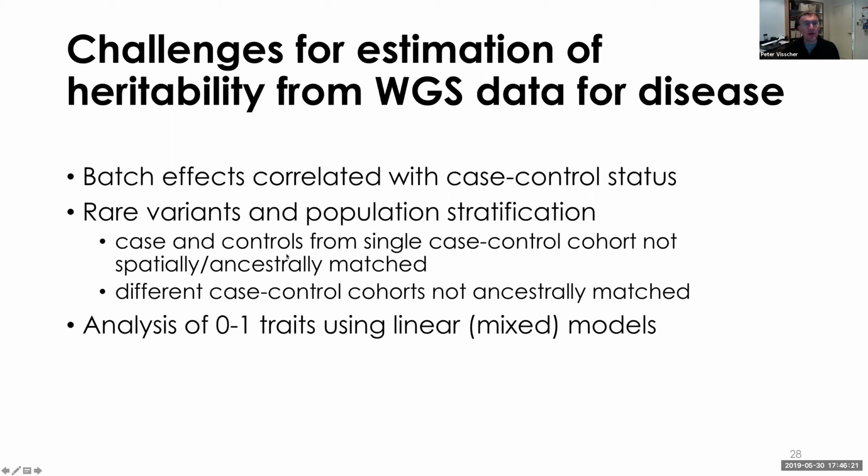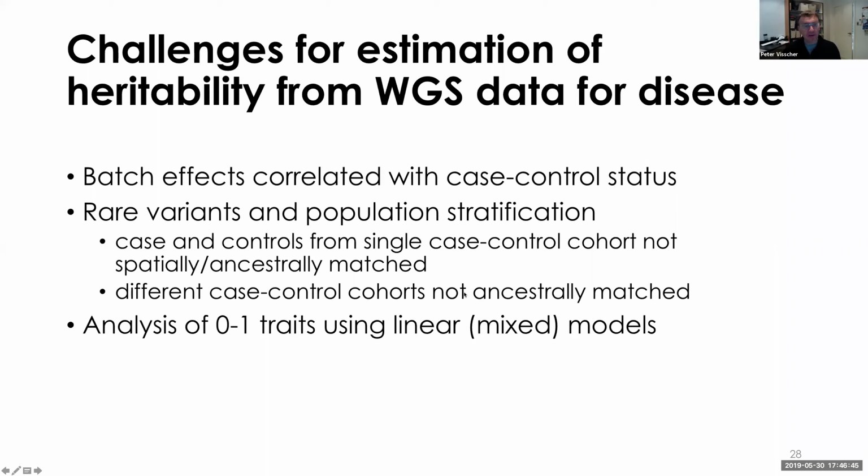For example, we could have that from an individual cohort that contributes to a larger sample, where cases and controls are not spatially or ancestrally sufficiently matched. Or we could have a number of unbalanced case-control studies that come together, where the different individual cohorts are not spatially or ancestrally matched.